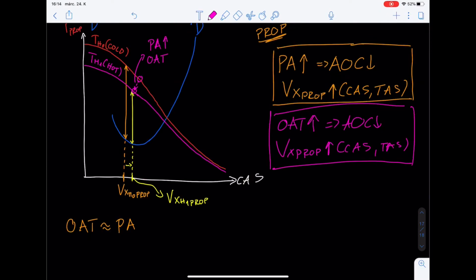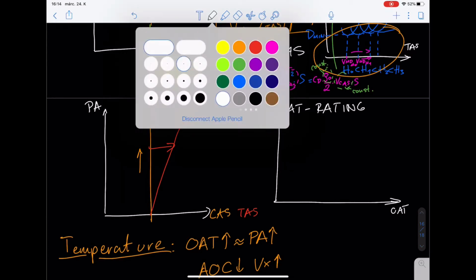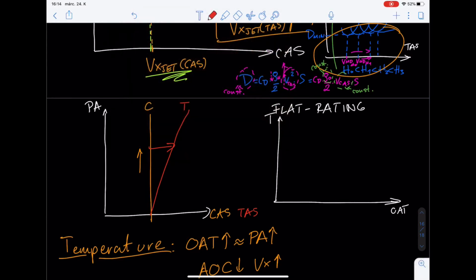Of course, this is for the jet, and you might remember the flat rating. The flat rating of a jet engine, where we had the thrust as a function of the outside air temperature, and we said that until a given temperature we would have a constant thrust, and after that we would start reducing the thrust like this.